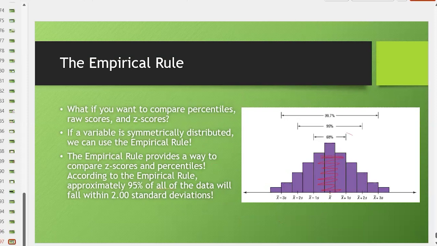Generally approximately 68% will fall within one standard deviation of the mean. 95% will fall within 2 standard deviations. And almost all of the data, 99.7%, will fall within 3 standard deviations.